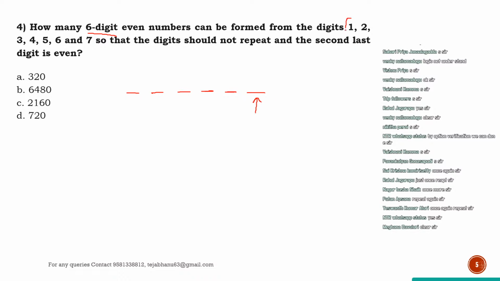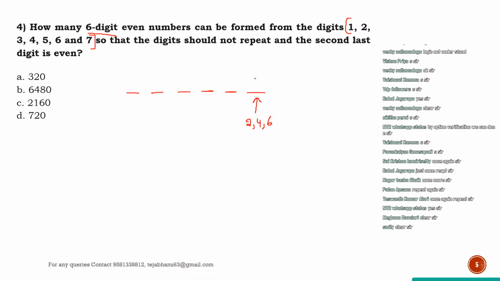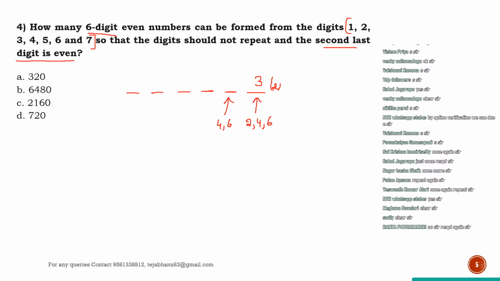Out of the 7 numbers given, the even digits are 2, 4, 6, so we have 3 choices here. He told that the second last digit is also even. For example, I kept a 2 here. Now we have 4, 6 for this place, that is, we have 2 choices.